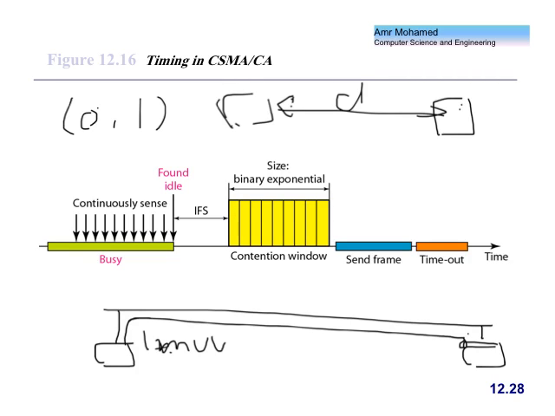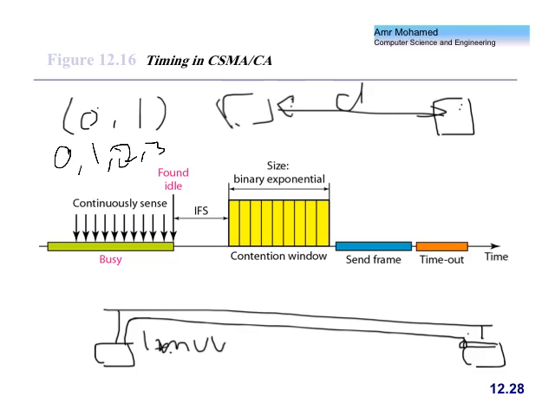If the collision happens, then the next time k will equal 2, which means that the window is 0, 1, 2, and 3, which is 2 to the power 2 minus 1. So 0, 1, 2, 3, and then we will perform the exact same thing.